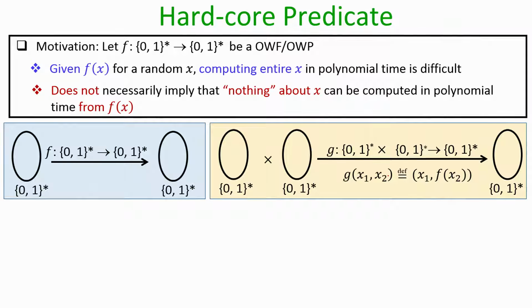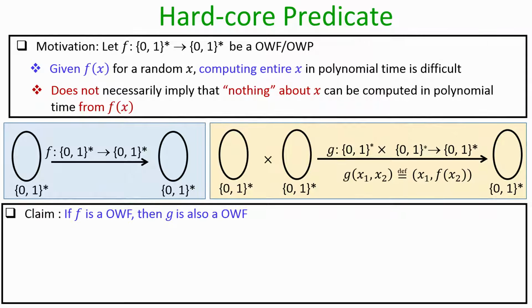That is the way I am defining my function g. And my claim is that if the sizes of x1 and x2 are roughly the same, namely some polynomial function in the security parameter, then if the function f with which we start is a one-way function, then the constructed function g is also a one-way function, right.